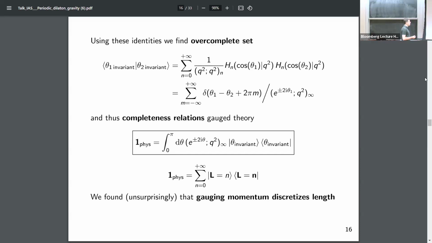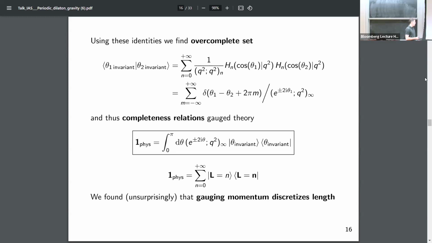So what this means is that we should mod out by these states, and this gives us a completeness relation in the gauge theory. The fact that the partition function did not seem periodic in shifts in theta has to do with the prefactors that I sort of ignored here. But this equation is still morally true.